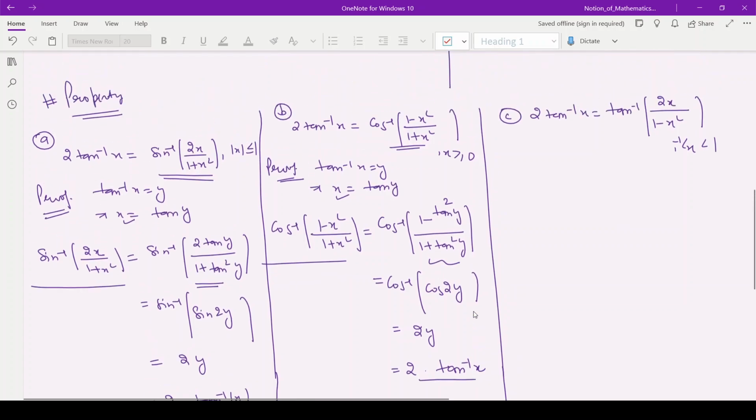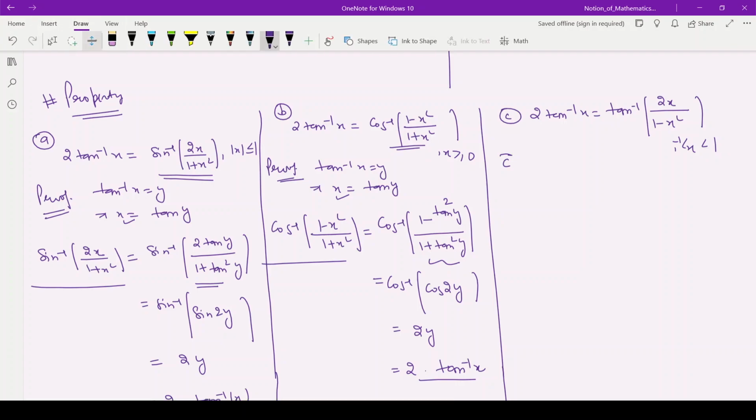Thereafter, the C property is here. For the C property, our proof will be like this: consideration is the same, let tan inverse x is y, or x is tan y.